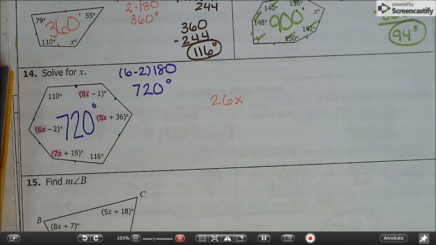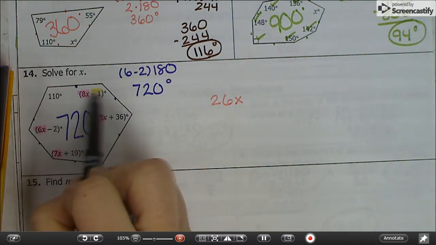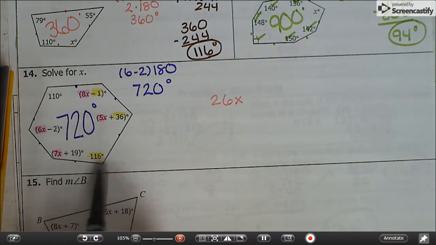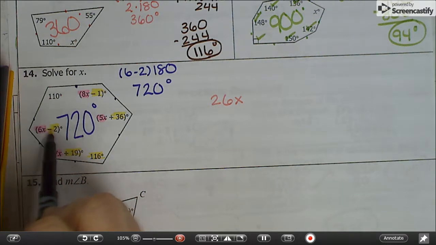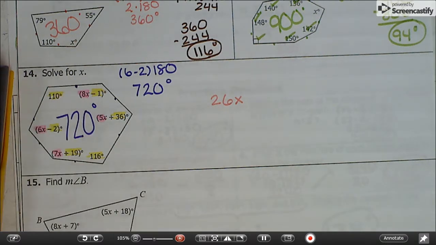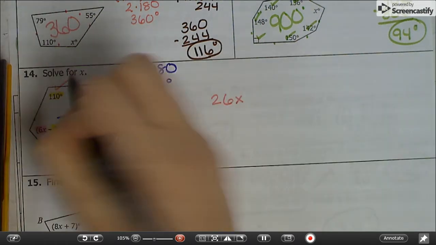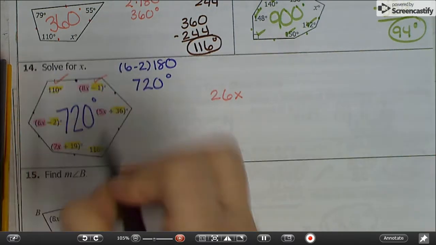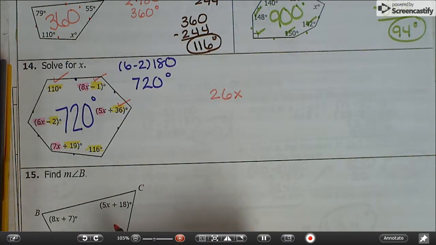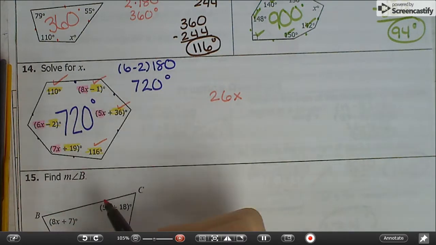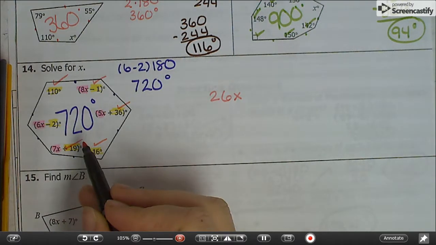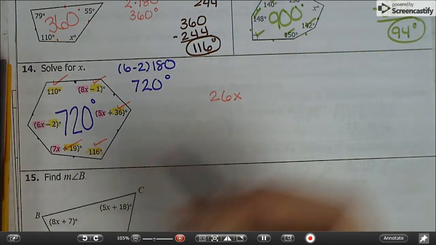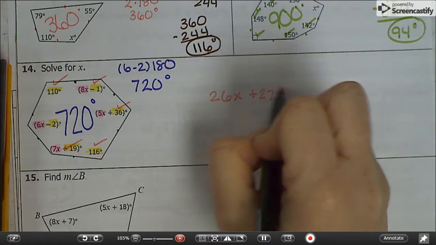And now we need to add all the constants, making sure you look at the sign. So we're going to add 110 plus negative 1 plus 36 plus 116 plus 19 plus negative 2. And that gives us 278.